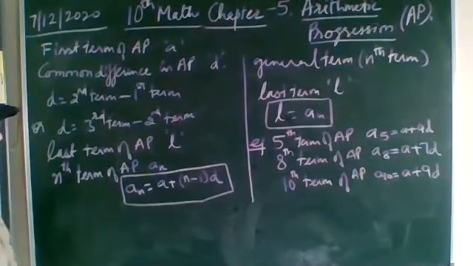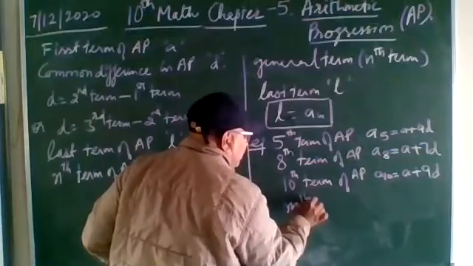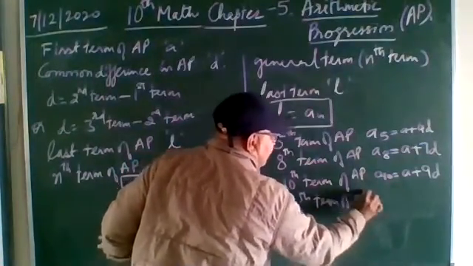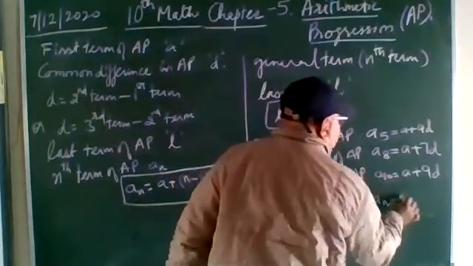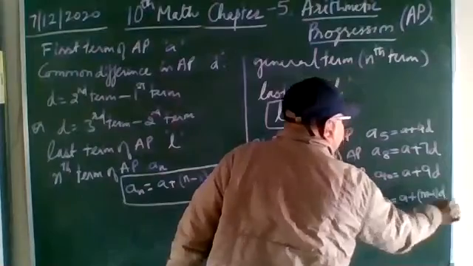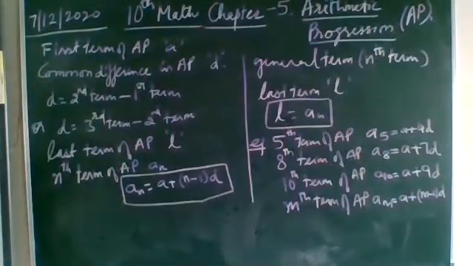This can be in another form also. The mth term of AP is a_m, and a_m is a plus (m minus 1) into d.